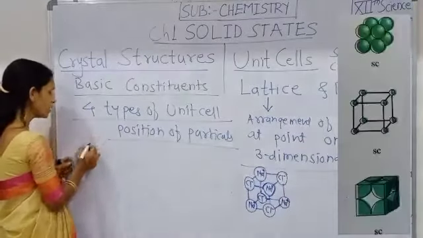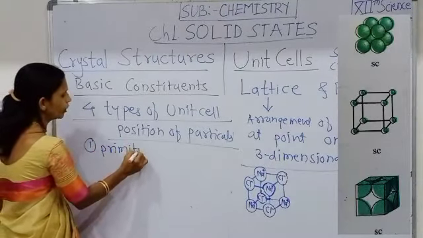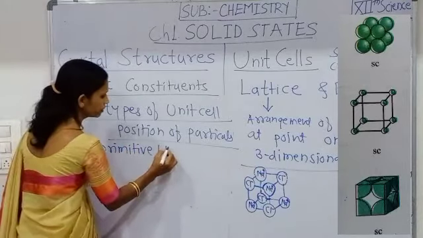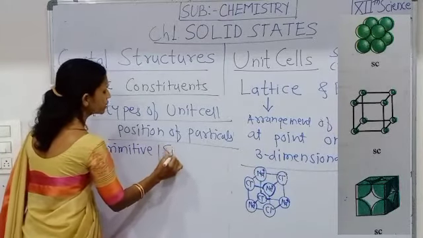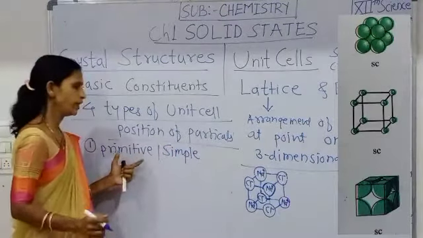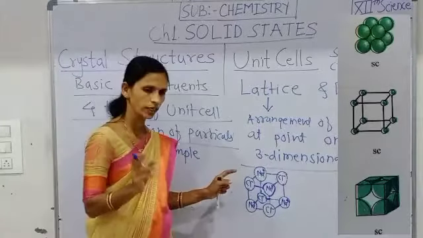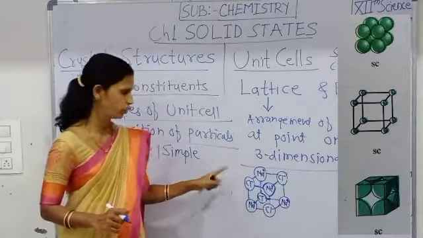Then see here, first is primitive. Primitive means basic, which is also known as simple. Simple unit cell.